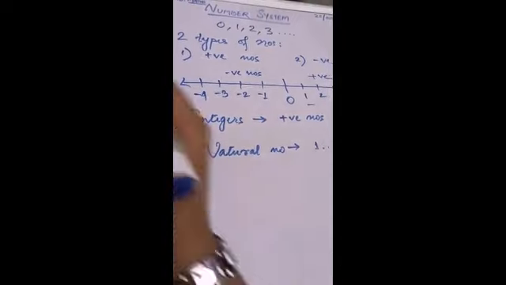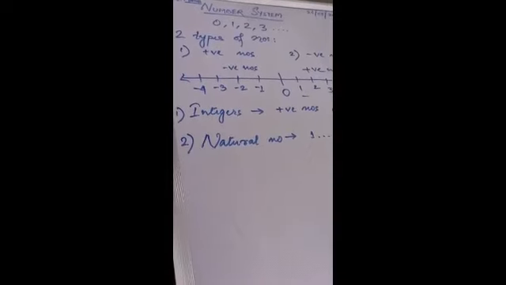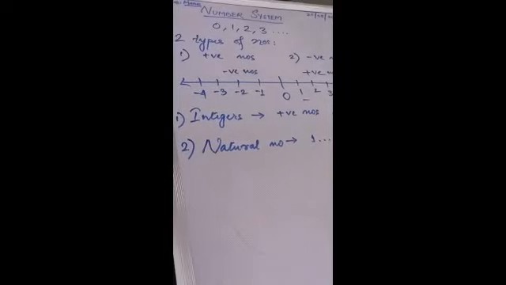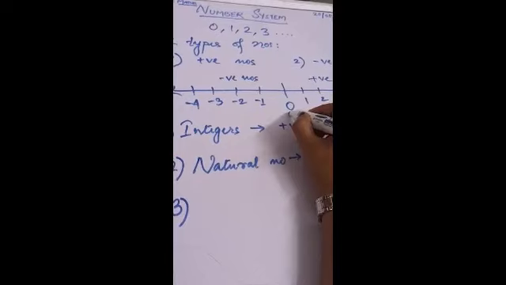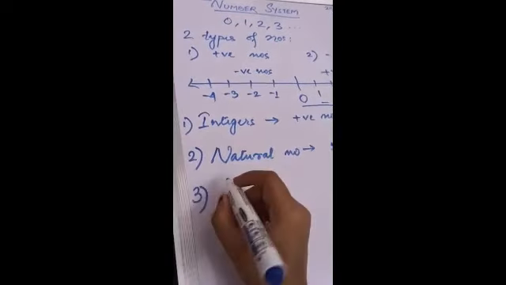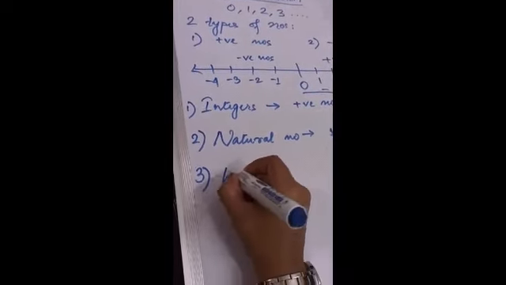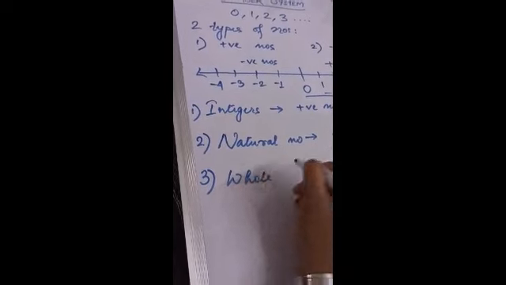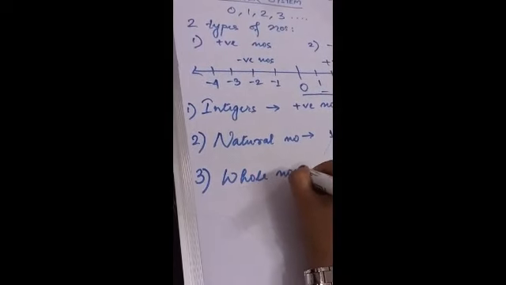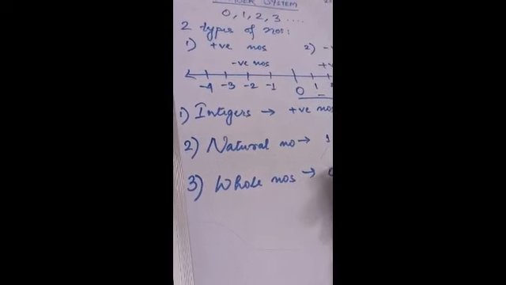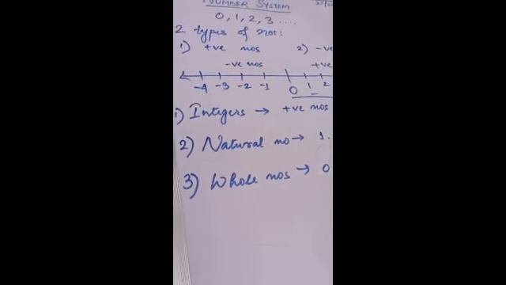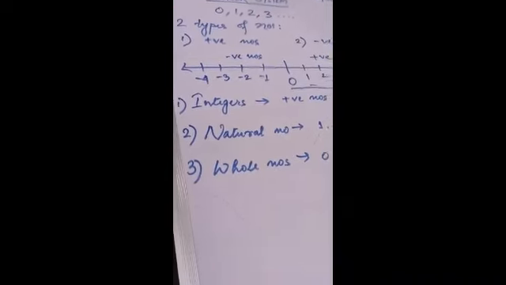Okay, and if I want to include the 0 also in natural numbers, then I say it as whole numbers. Whole numbers start from 0, then 1, and go on till infinity.